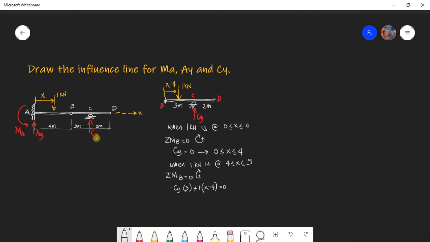Take note, our reference point is at B, so this distance is X minus 4 from B. So CY will be (X minus 4) over 3. Take note, this value of CY is valid only when the unit load is at 4 or greater than 4 but less than or equal to 9.